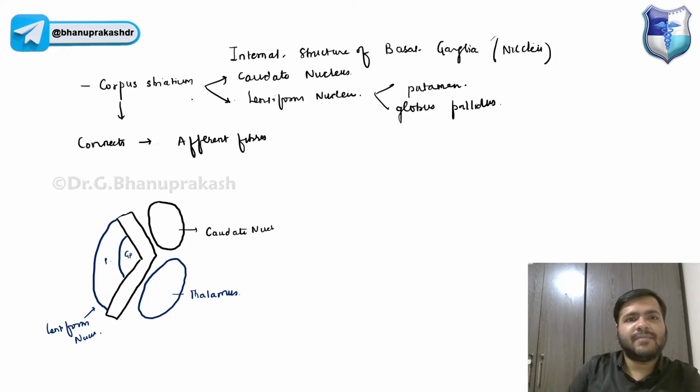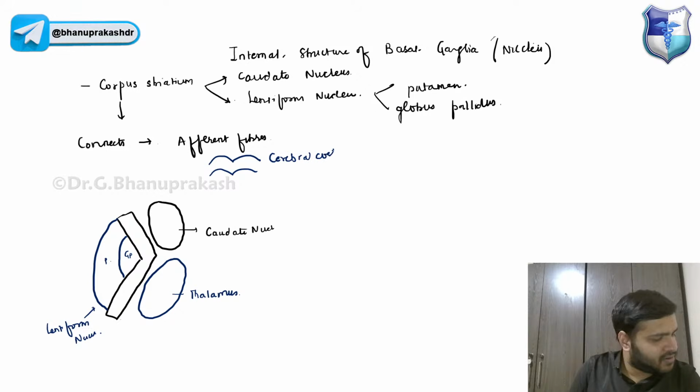Now, guys, let me show you. If this is the cerebral cortex, let us mark it over here. The efferent fibers are three in number.